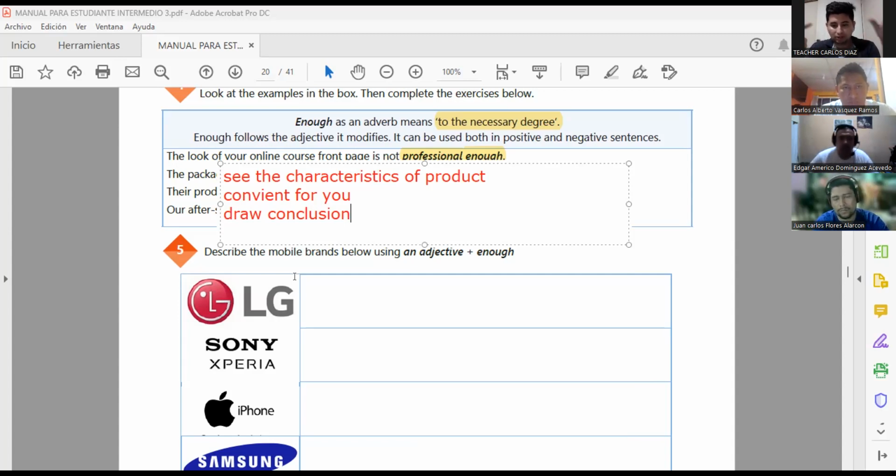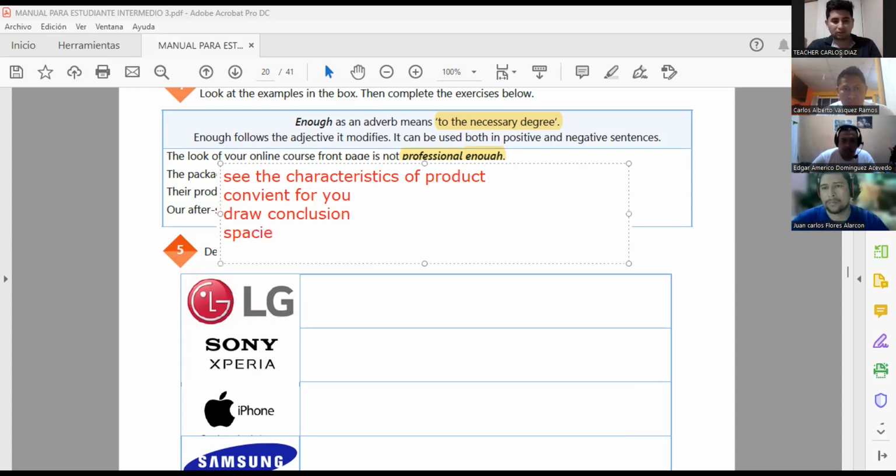You need a good cell phone with a lot of capacity, with a lot of characteristics, a lot of space. You need a space enough.